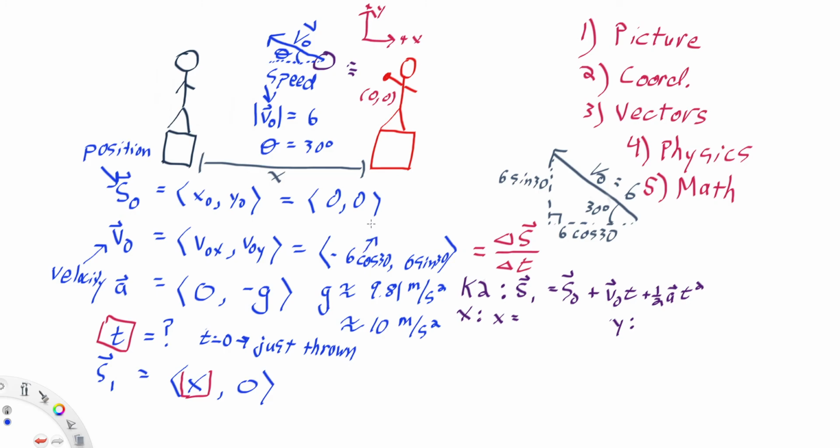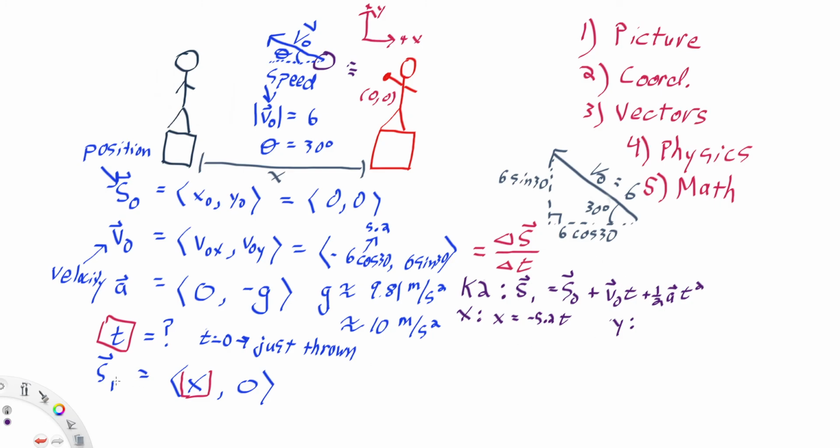So 6 times cosine 30 is 5.2, I believe. And there it's a negative sign because it's going in the negative direction. So minus 5.2t plus 1/2 at squared, but acceleration in the x direction is 0. So we're done. That's what the movement in the x direction is going to look like.